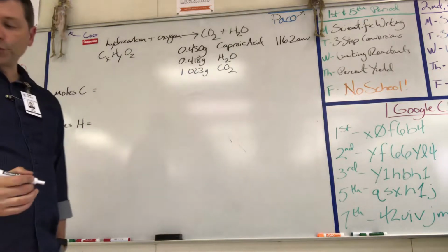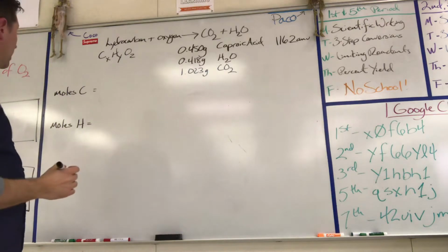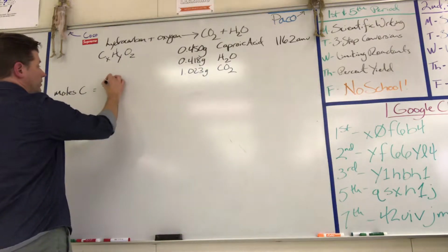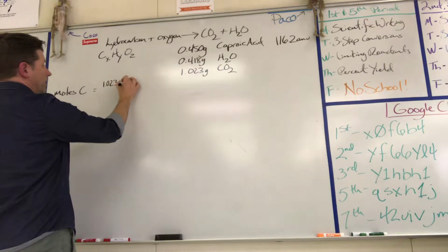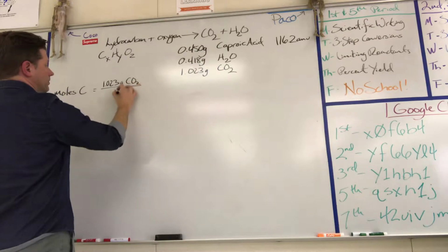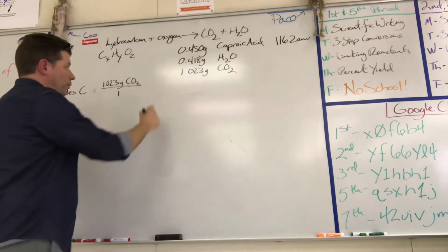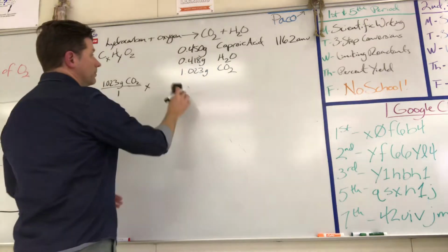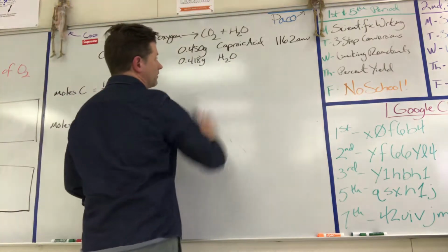So what we're going to do is take our moles of carbon, which we have 1.023 grams of carbon dioxide, and we're going to multiply that by a conversion factor, which is grams per mole. I'm going to move this over here to give myself a little bit more space.